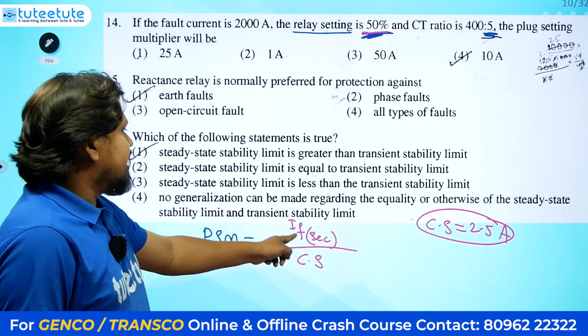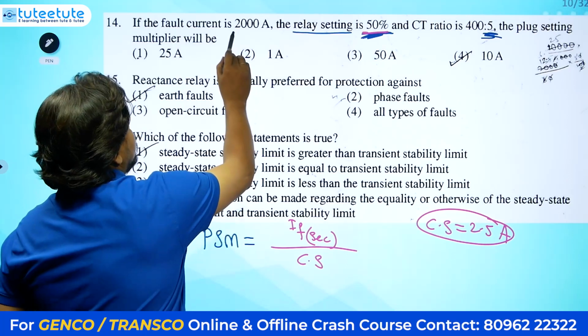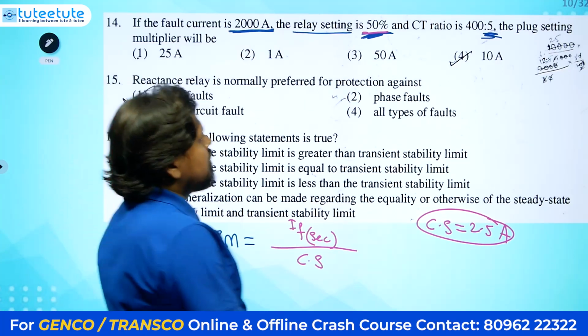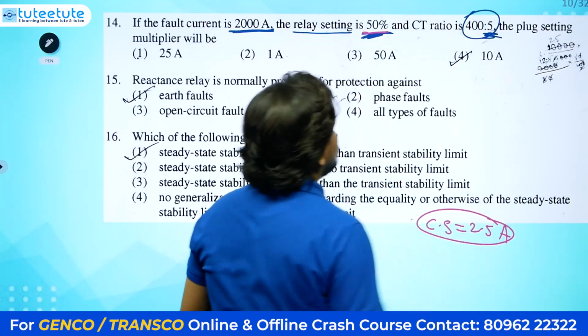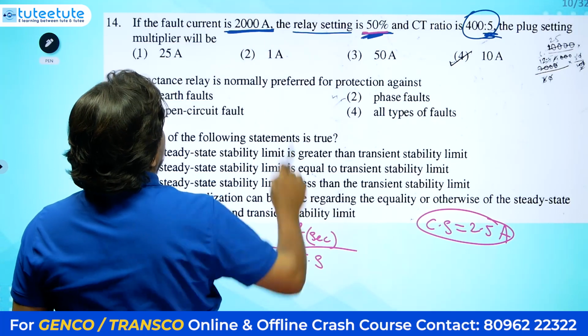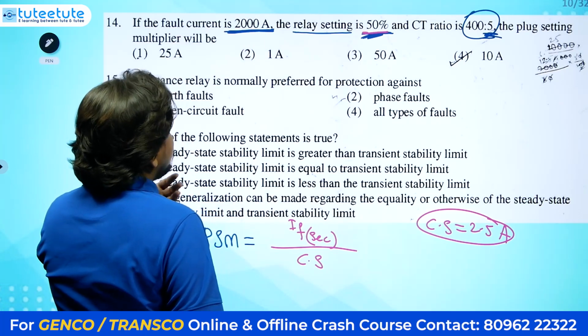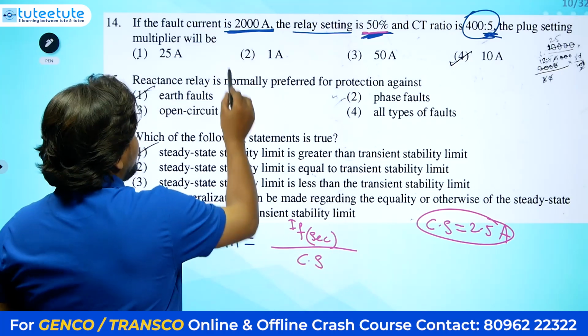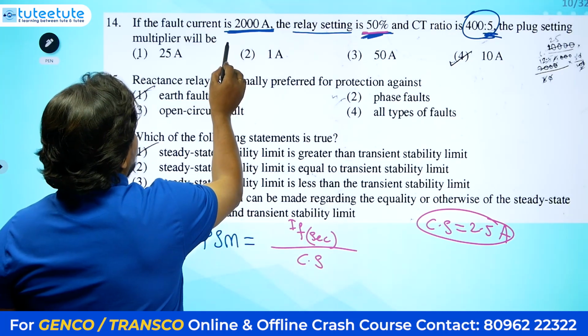Now the secondary side of fault current: the primary side or original fault current is 2000 amperes, and the current transformer rating is 400:5. Based on this, if you transfer the 2000 amperes to the other side of the current transformer, what will be the current value?